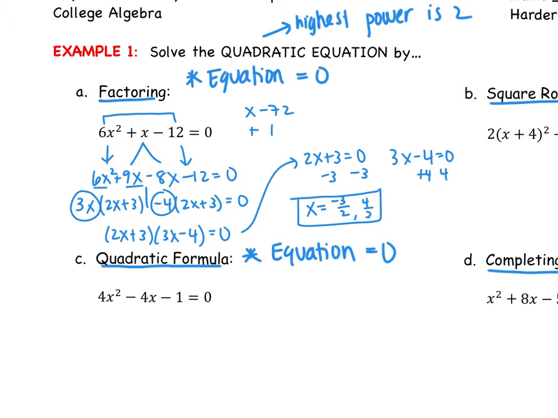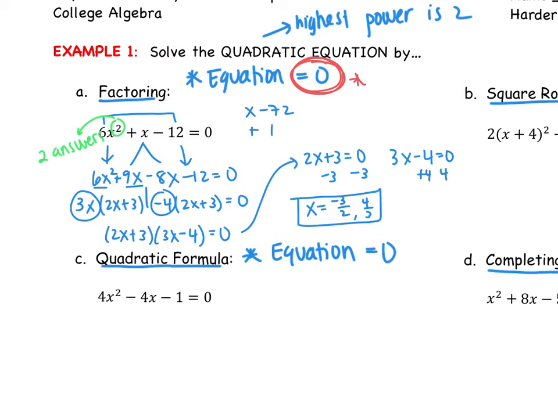How do I know from the beginning of the problem that I'm going to get 2 answers? Exponents. Jack, thank you. Exponent. Look at the highest power. That tells us that there will be 2 answers. I cannot stress enough, when you are factoring, it has to be set equal to 0. If it's set equal to something else, you're not solving by factoring.